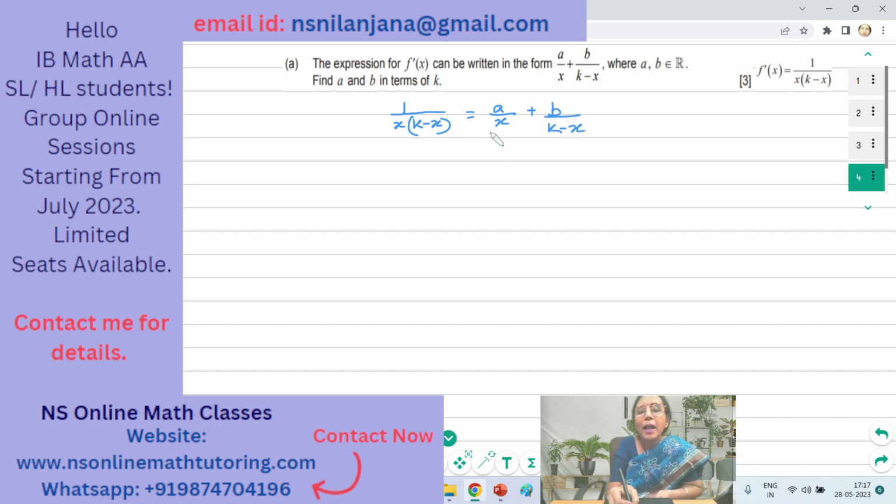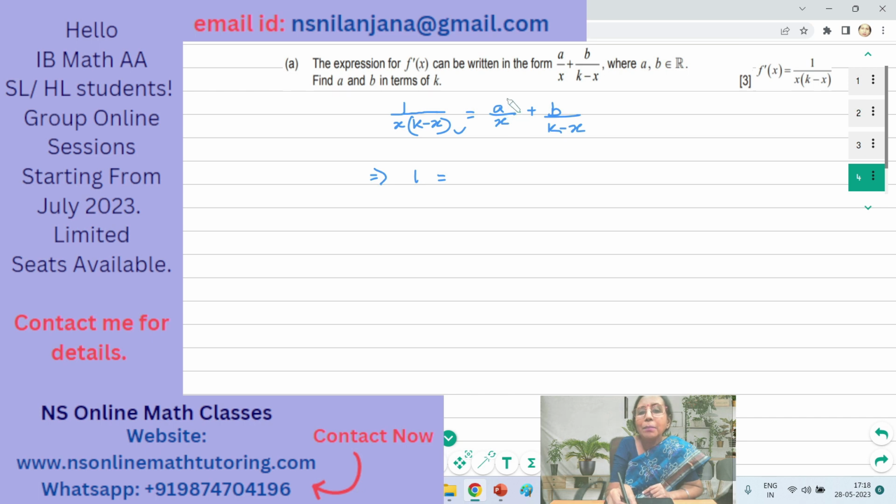Okay. And we multiply both the sides by this denominator x times k minus x. So the left hand side becomes 1 because the multiplier and the denominator will be cancelling each other and we will be having 1.